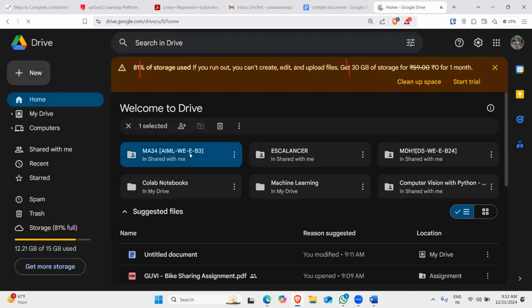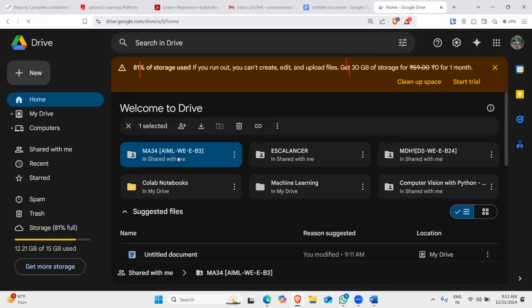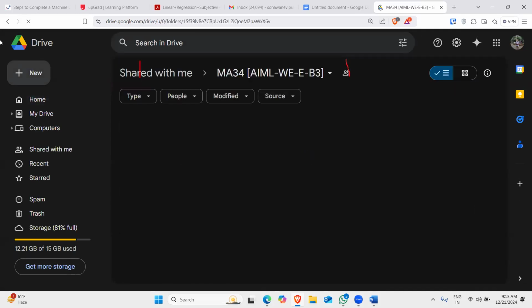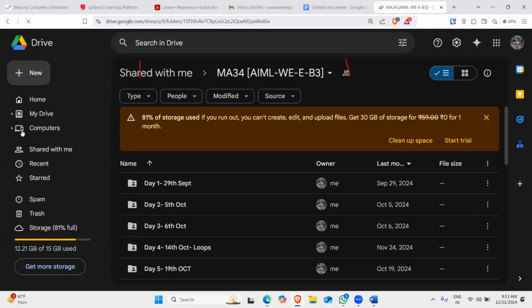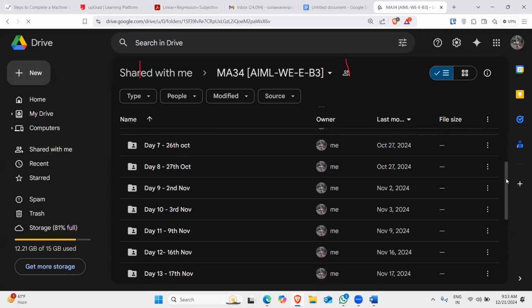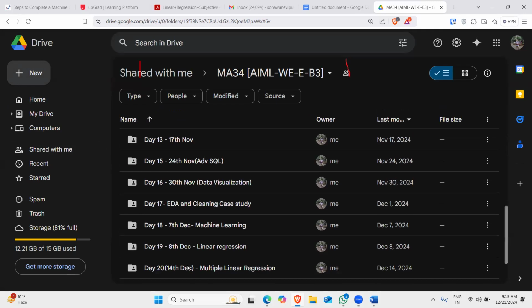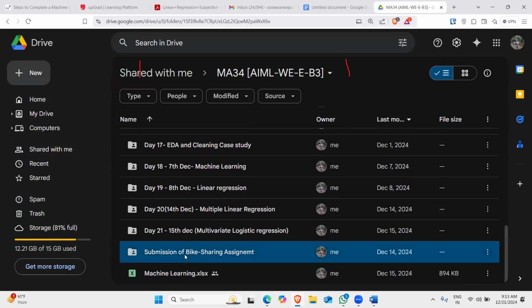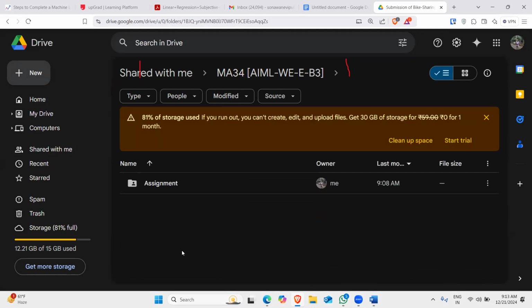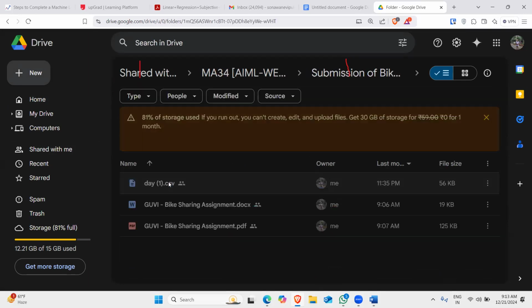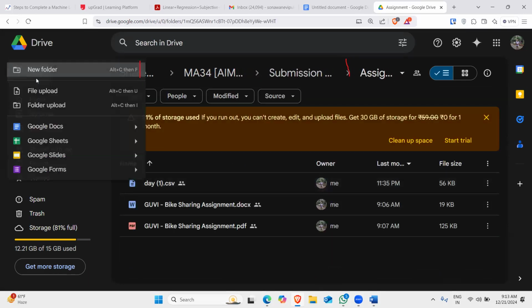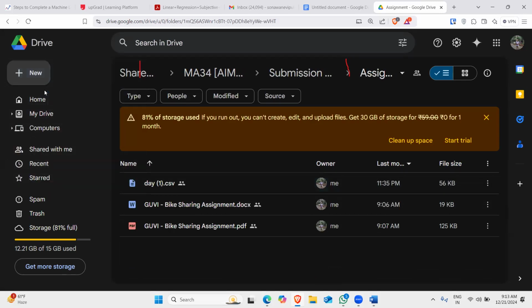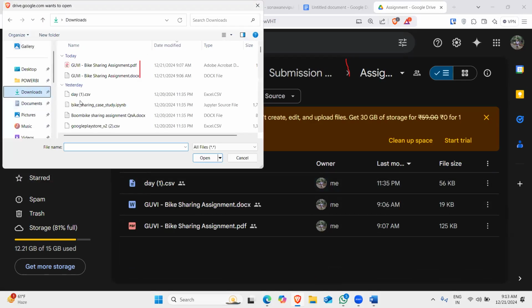So anyway, if that file is not visible for you, you just need to build a model and you have to understand the problem statement. It is already given there on your drive. And I'll upload the questions as well.